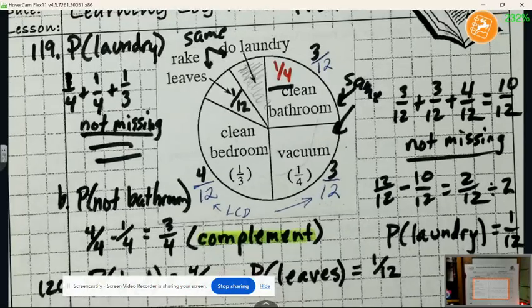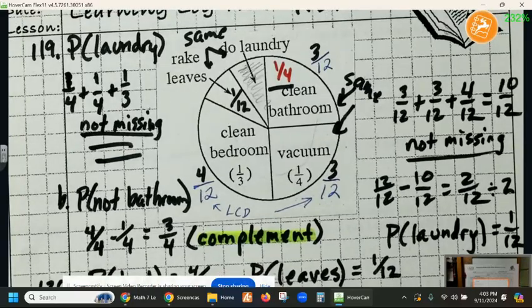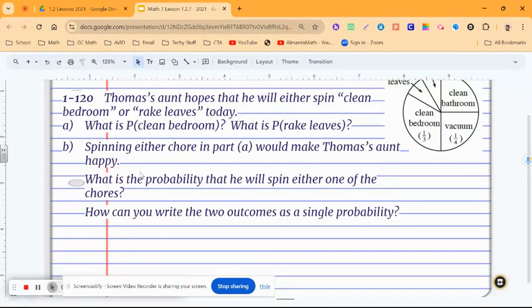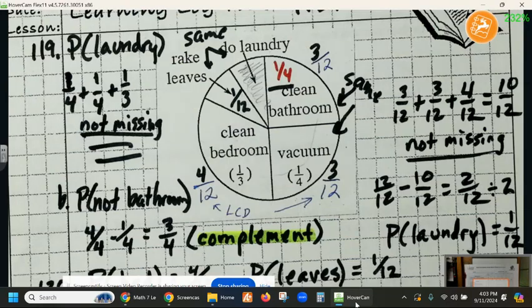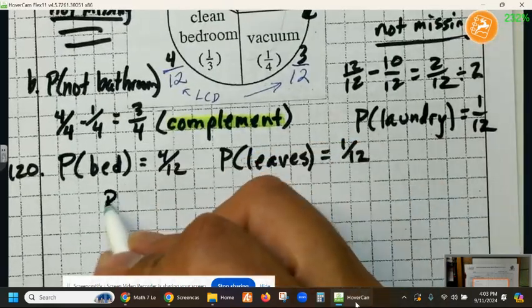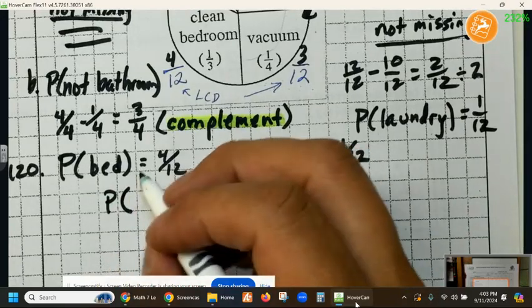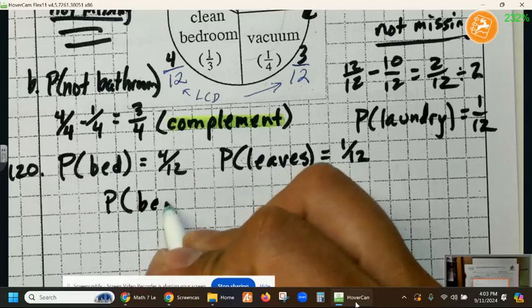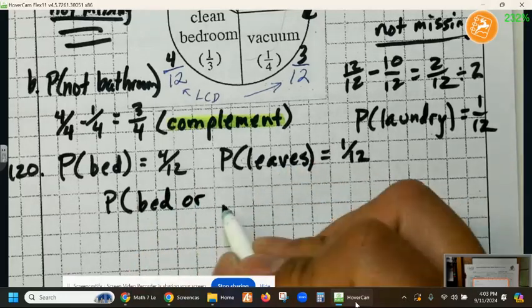Now the question is asking, what is the probability that he will spin either one of the chores? What they're asking is, what is the probability of getting either the bedroom or the leaves?